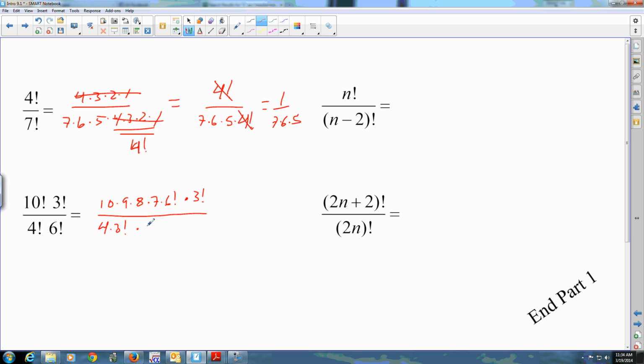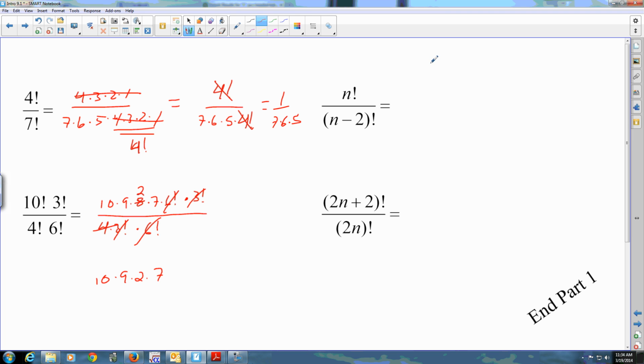And the 6 factorial is still there. These cancel out, this cancels out, and then this reduces. So your answer is whatever 10 times 9 times 2 times 7 is. That can be helpful in doing these.